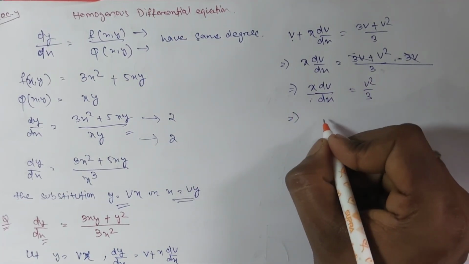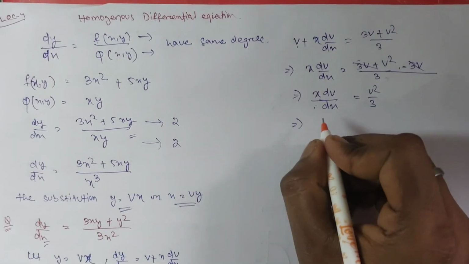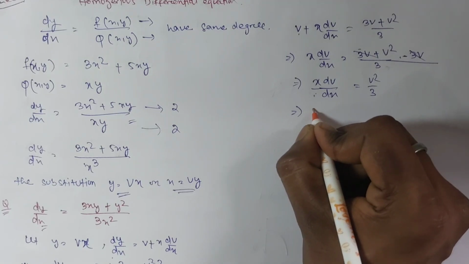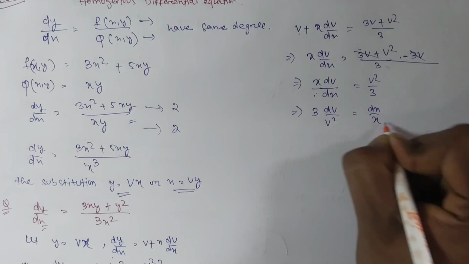We can simply write it as 3 dv by v squared equals dx by x.